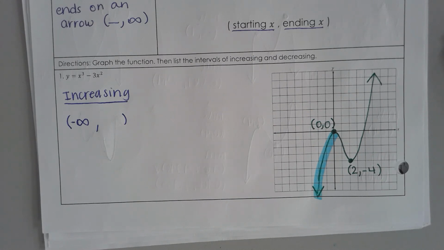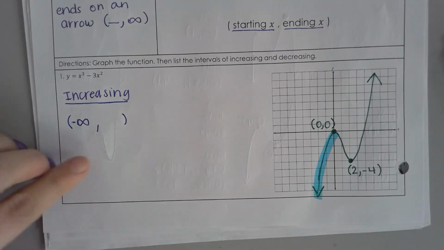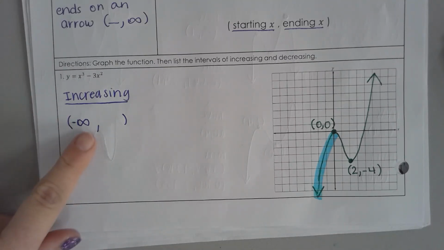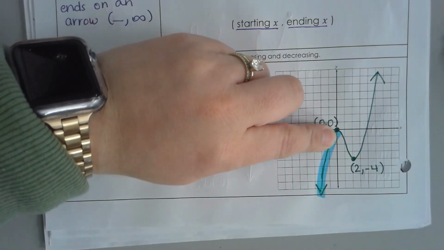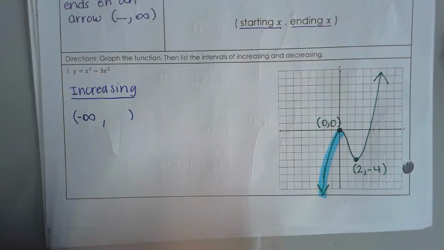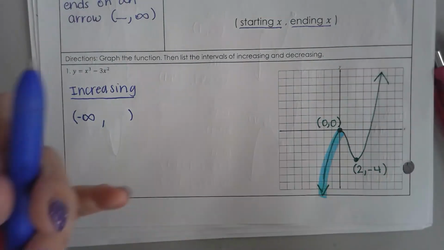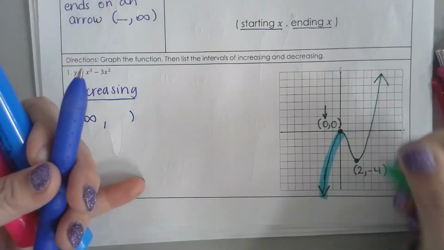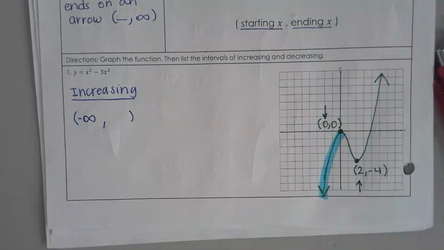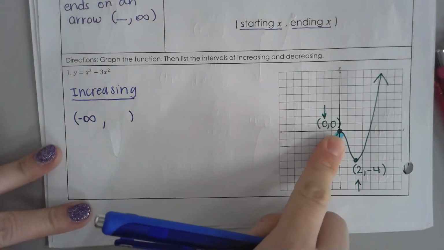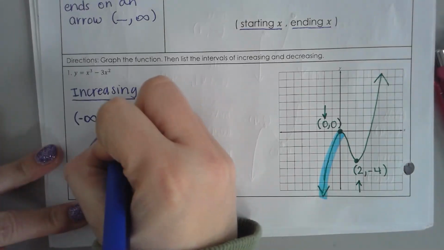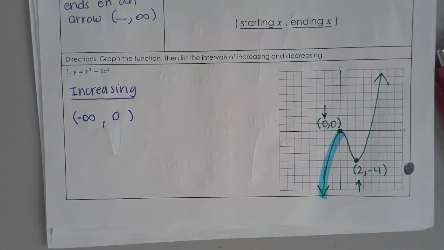We care about x's, so we care about left to right. So it's negative infinity because it starts on the left. And then I get up here to this maximum, this hilltop. Remember, we only are writing the x's. So at what x value does it stop? 0. So it increases from negative infinity to 0.